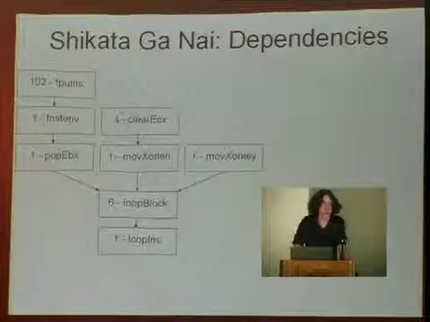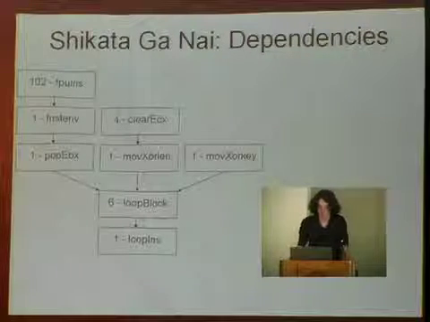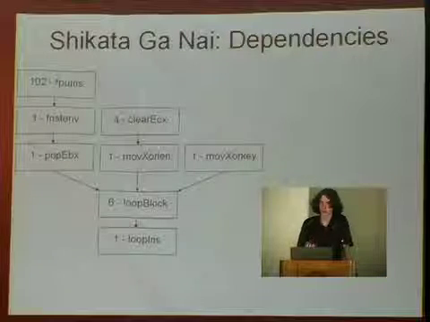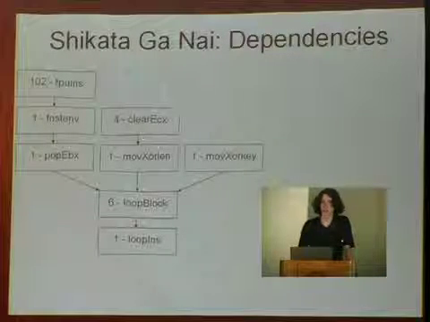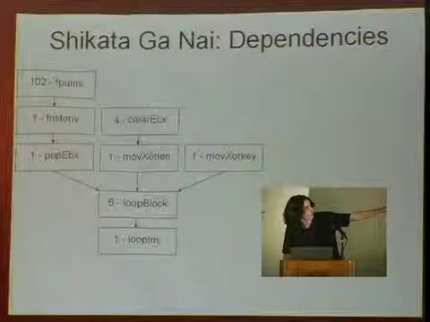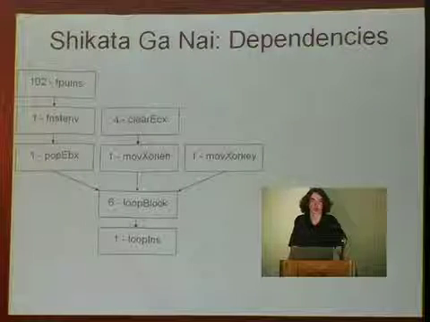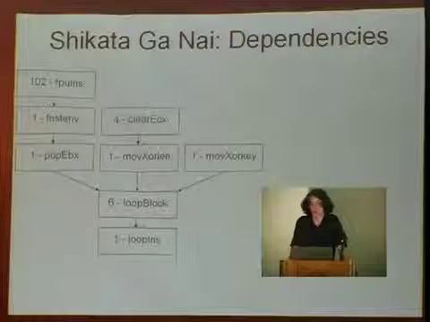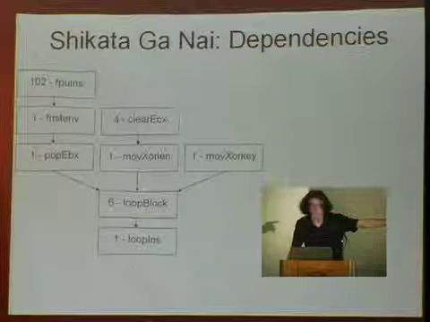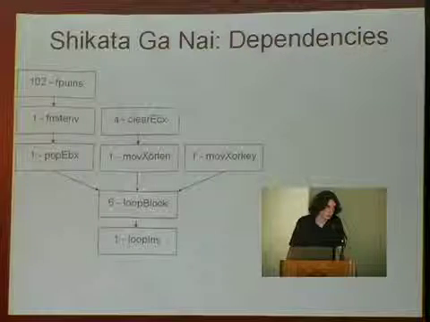So let's look at the way that Shikata Ga Nai actually works in generating the code. It has programmed-in logic, which has a dependency chain. Basically, if you look at the top left of this graph, there's a little box with FPU instruction written on it, and it has a pointer to a little box saying FNSTENV, which is also an FPU instruction on the IA32 architecture.